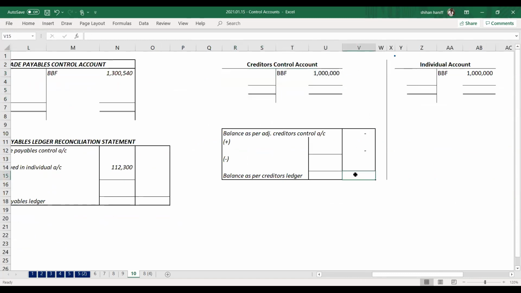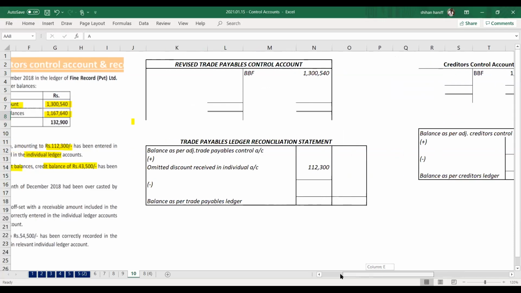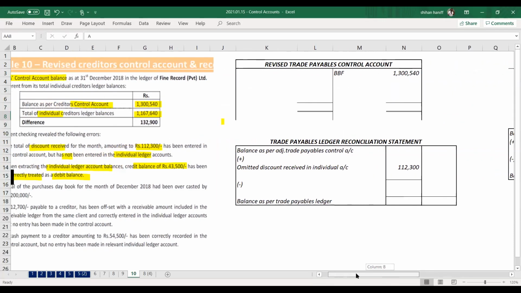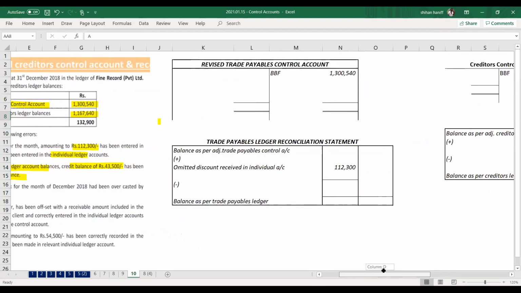See, both balances are the same, 1 million.